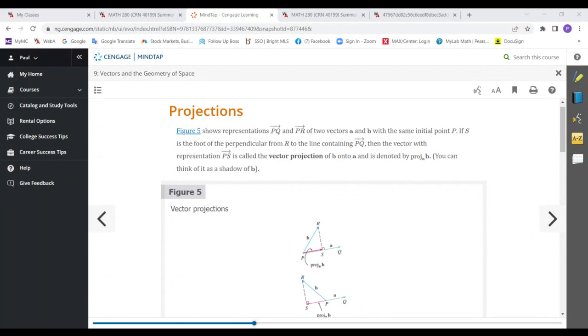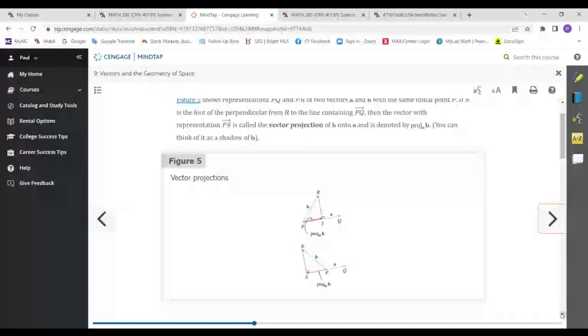Well, if you look here at figure 5, you have pictures of projections.